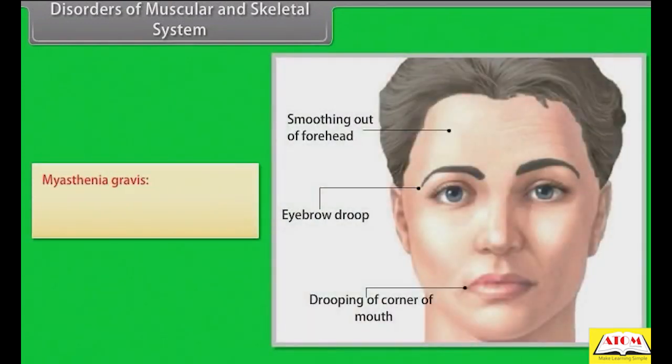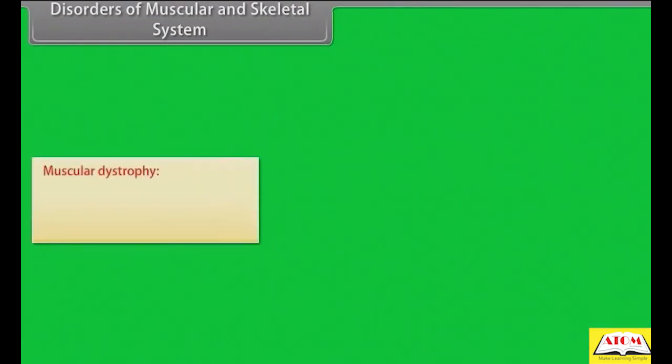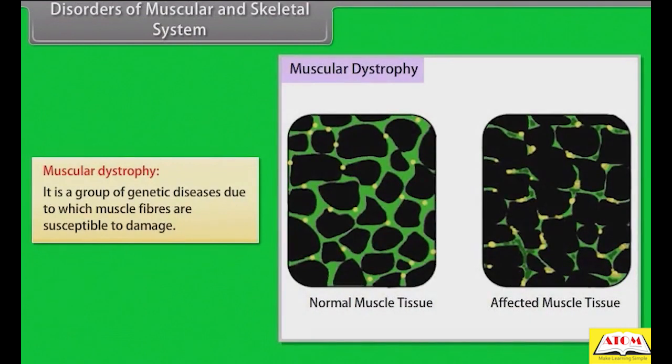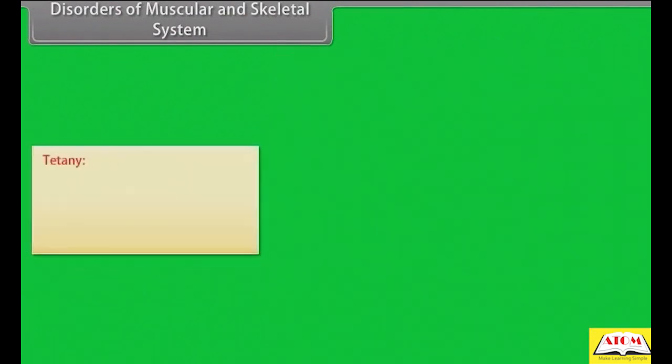Disorders of muscular and skeletal system. Myasthenia gravis. It is an autoimmune disease that causes weakness of muscles. Muscular dystrophy. It is a group of genetic diseases due to which muscle fibers are susceptible to damage. Tetany.